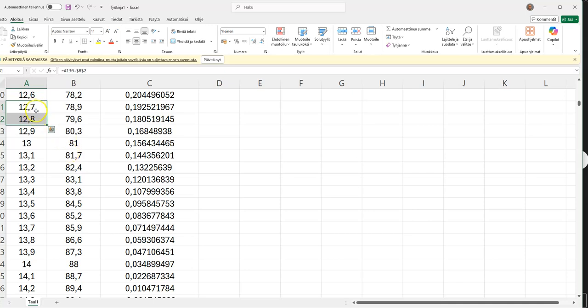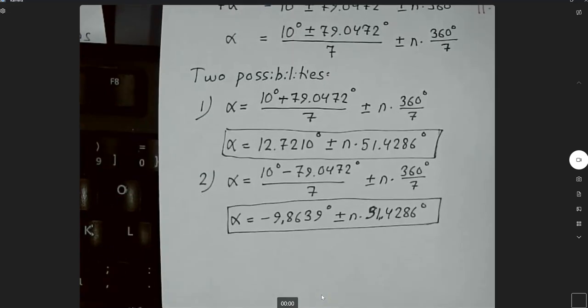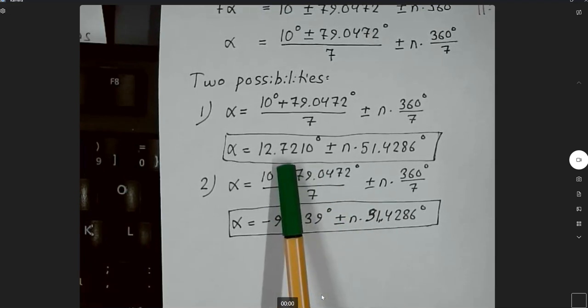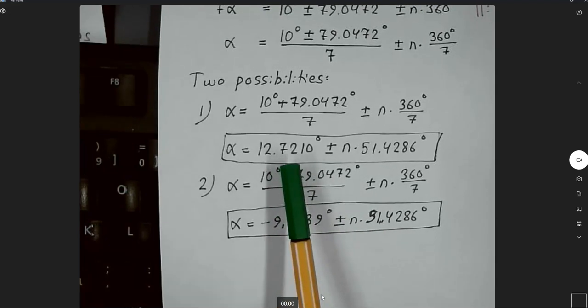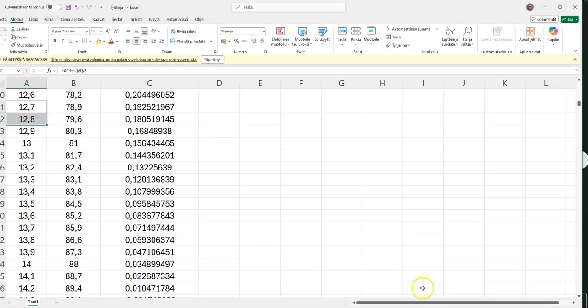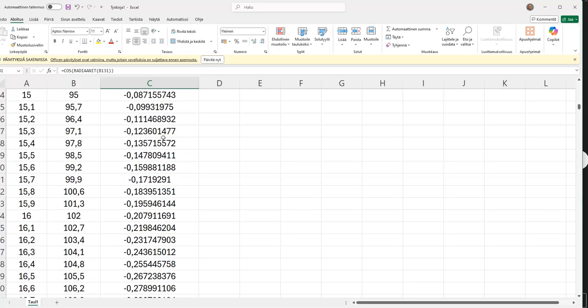It is something that begins with 12.7, and if we look at our solution here, we see that one solution was 12.7, or starts with 12.7. Where will be the next place? 0.19 should be found. Where is the next one?